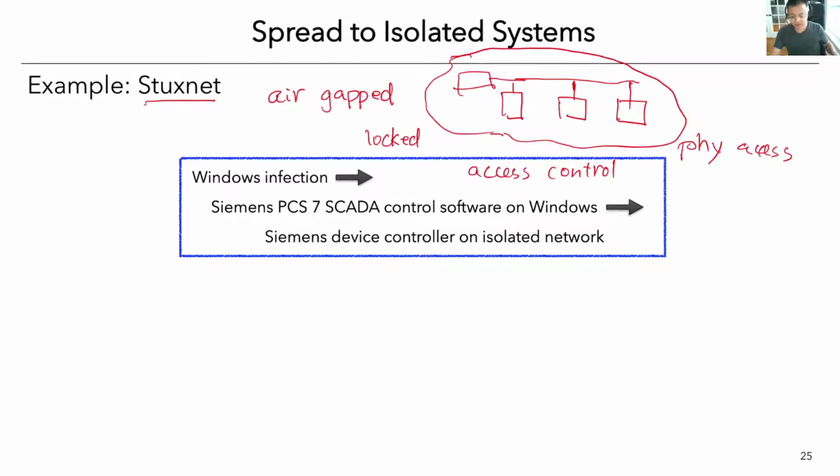Okay, so they are basically using this USB key. They dropped a number of USB keys loaded with malware near the facility. Okay, somebody picks it up and plugs it into their computer. Yeah, free USB key, right?